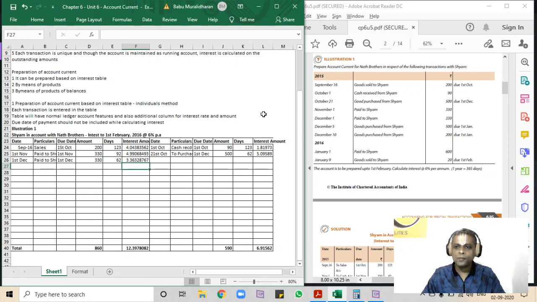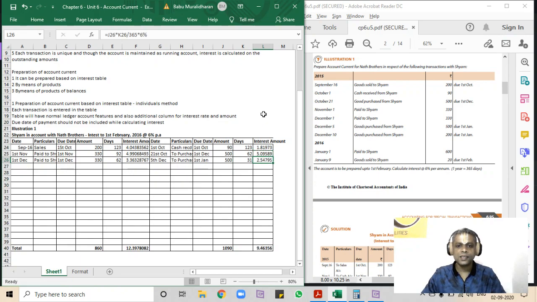What is the next one? Goods purchased from Shyam again on 5th December, and the due date is 1st January. Amount is 500, and due date 1st January means 31 days.